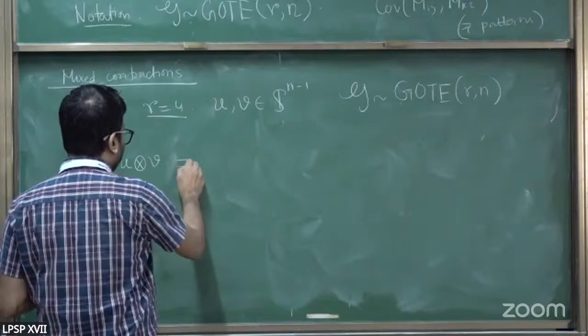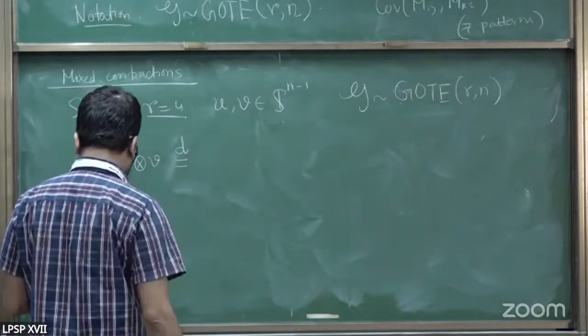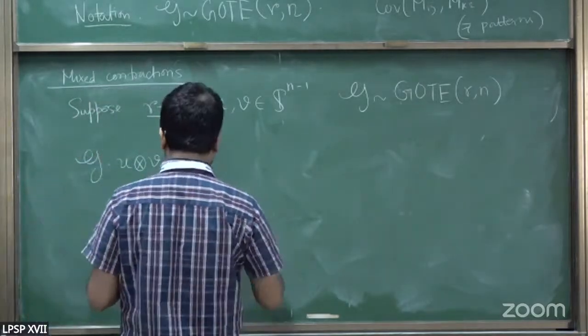So this is the exact representation of the covariance structure.